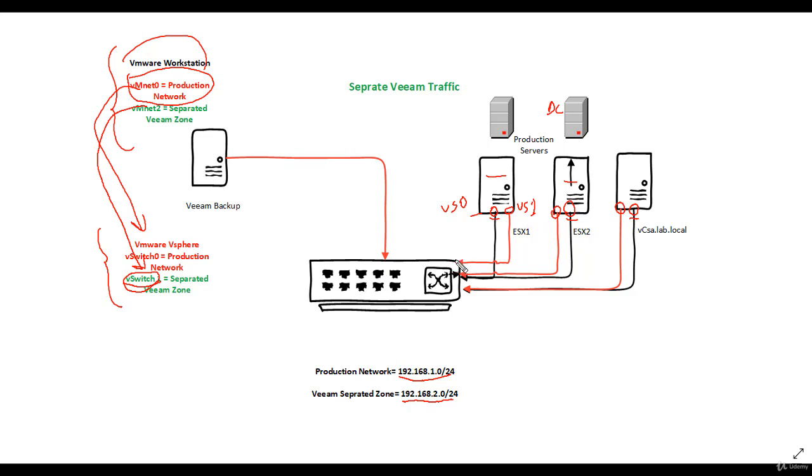And in your production environment, we will make a new VLAN, port 1, port 2, and port 3. Let's call it VLAN 2. So we'll disconnect this Veeam server from the production environment and add it to the new VLAN with a new IP address, something like 192.168.220, which was 192.168.120 in our production environment.